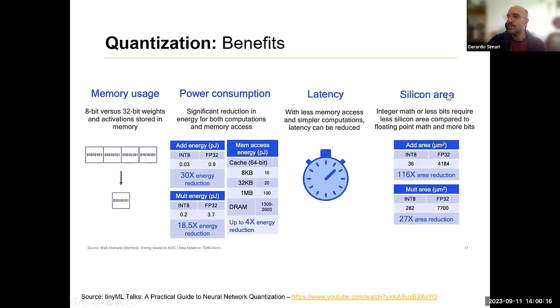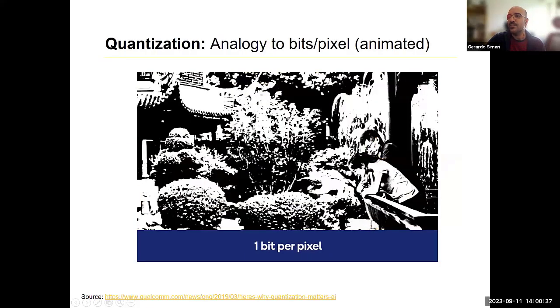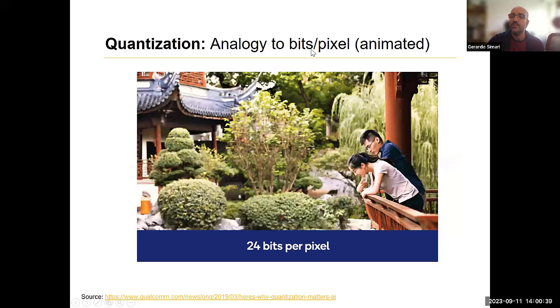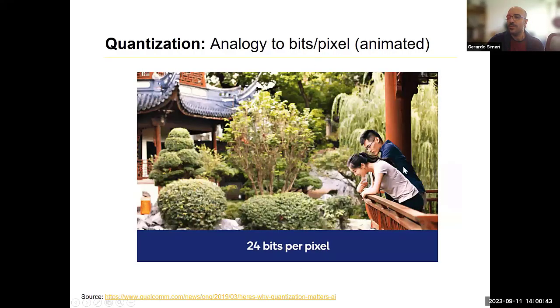And of course, the silicon area, essentially space is always at a premium, so you have to be careful what you use it for. So again, you can have very impressive reductions in that dimension as well. The analogy of quantization here in bits per pixel in this animation is pretty interesting, because you can see 24 bits the standard image.